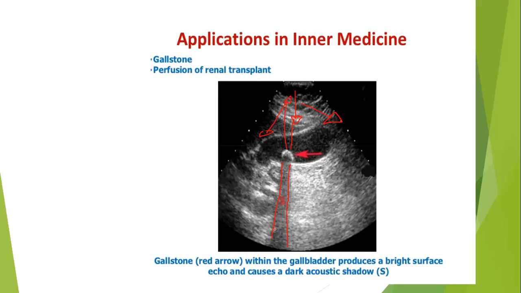In Spanish, maybe, guys, does anybody know what this sign is called? You have it here, actually. This is an acoustic shadow. Okay, it's like a shadow. We all have shadows, right? When we have the sunlight, we can see our shadows. This is like the shadow of the gallstone.